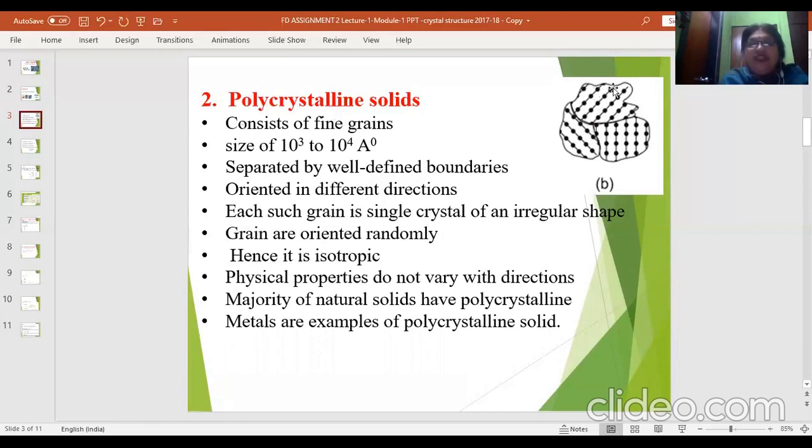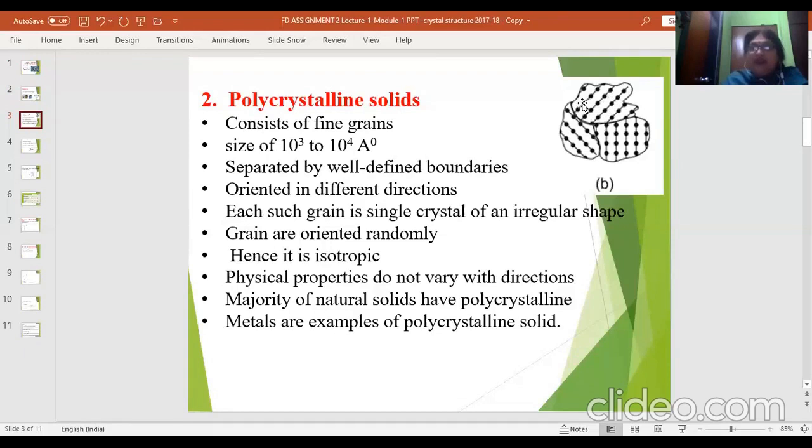Now, these single crystals are universally accepted in the physics world as grains, because when they were looked at through scanning electron microscopy, they looked as if they were grains. So we say that polycrystalline solids contain many grains.